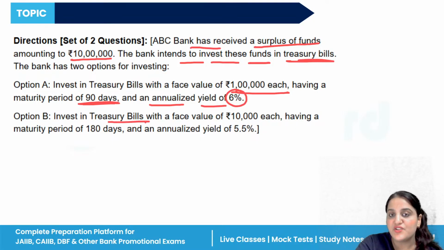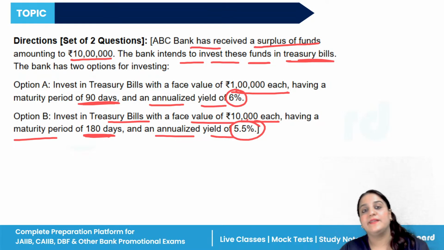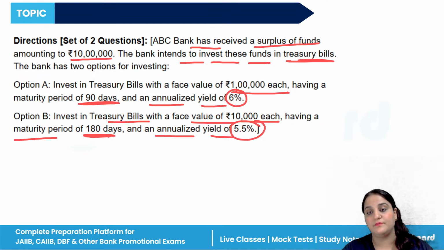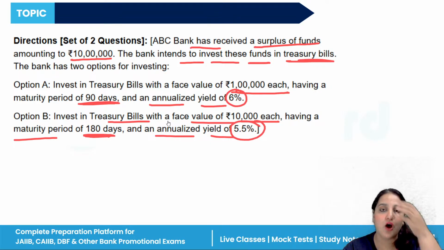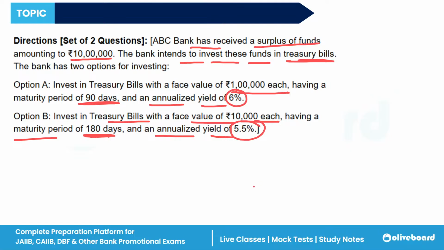Option B, invest in treasury bills with a face value of 10,000 each, having a maturity period of 180 days and an annualized yield of 5.5%. So tell which option is perfect and how to calculate this. Simple.